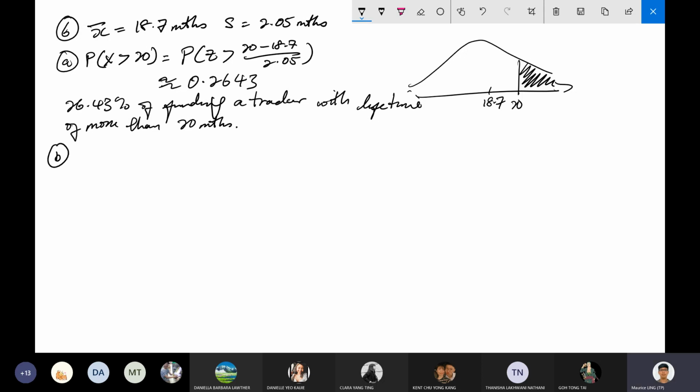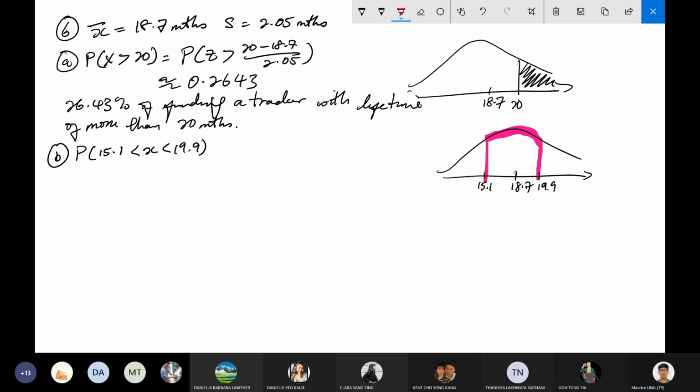So B, between 15.1 to 19.9. Okay, so if you draw it out, this is 18.7. So what you want is 15.1 to 19.9. So you want this area here. Okay, which means that you're going to minus off something. You know that already.